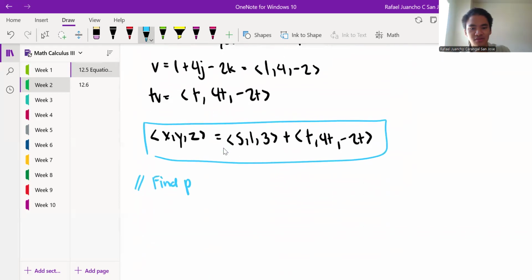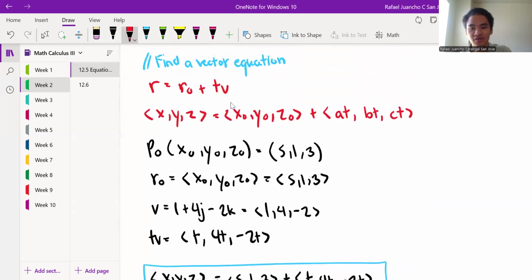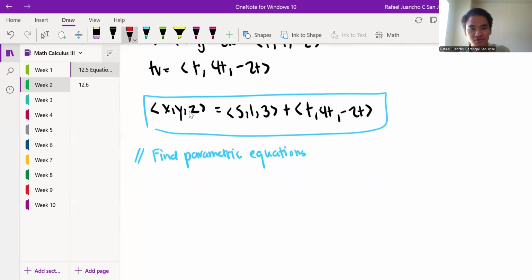So we want to find parametric equations. Actually, from our formula here, we can just add them together. This x naught plus at equals x. So x is 5 plus t. y is 1 plus 4t. z is 3 minus 2t.